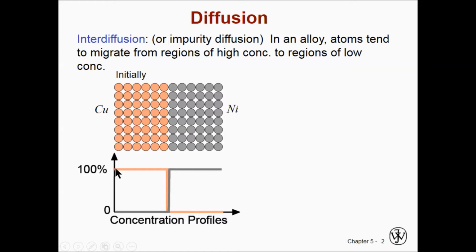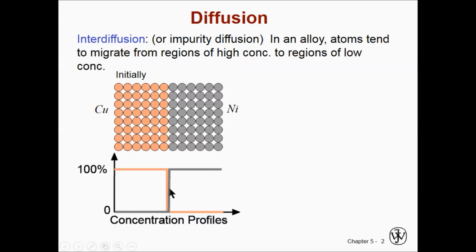So when I'm on the left, concentration of copper is 100% until I reach nickel. When nickel starts, concentration of copper decreases to 0 until the end. At the same time, concentration of nickel at the far right is 100% through all material.